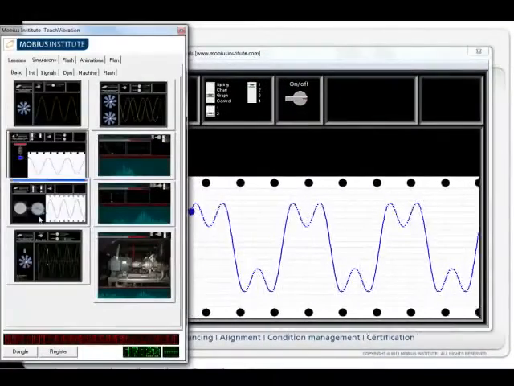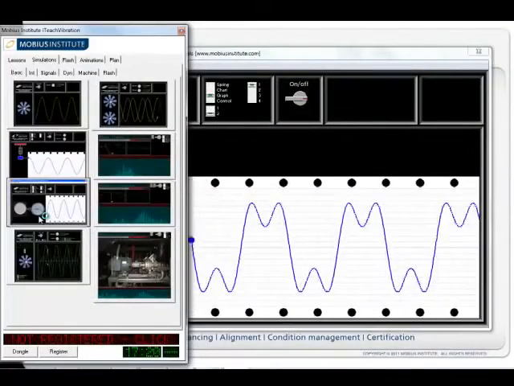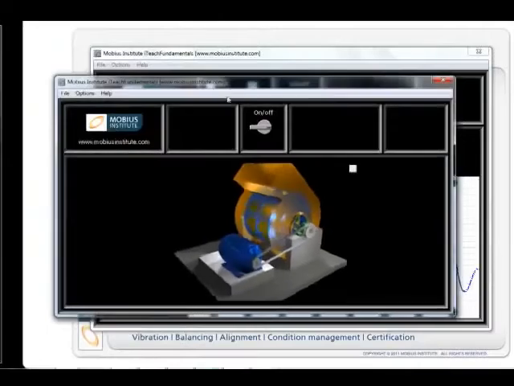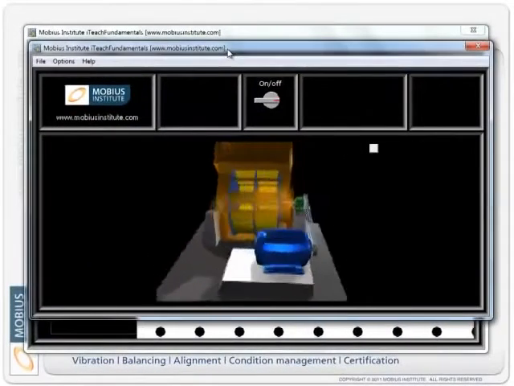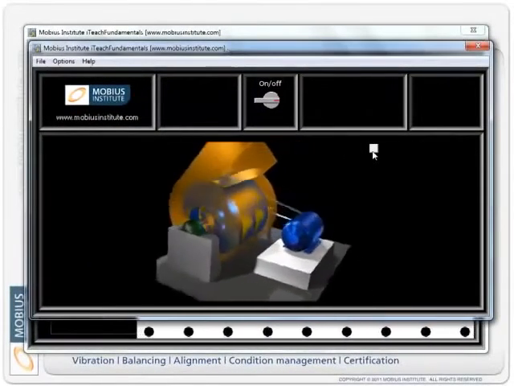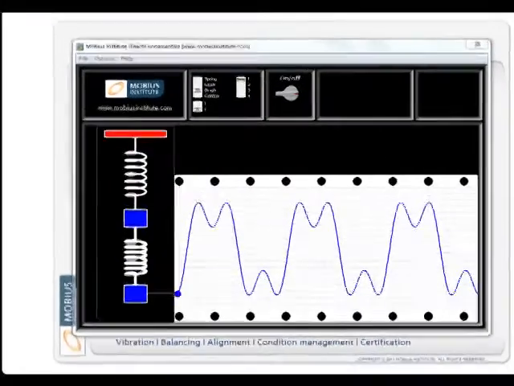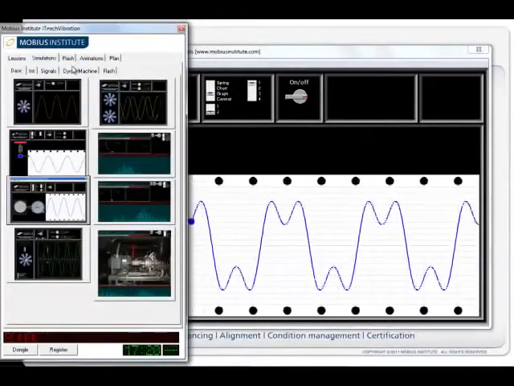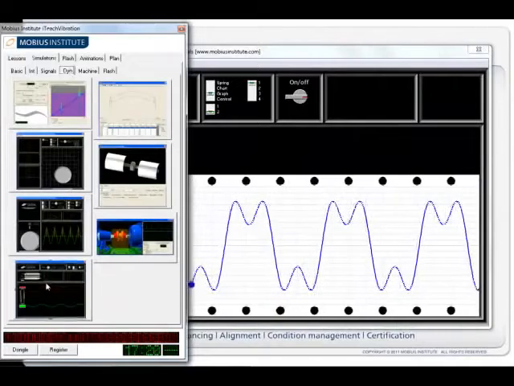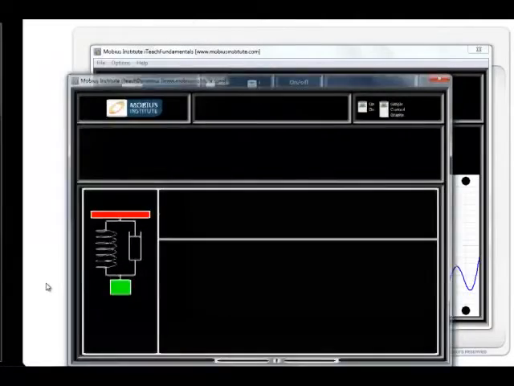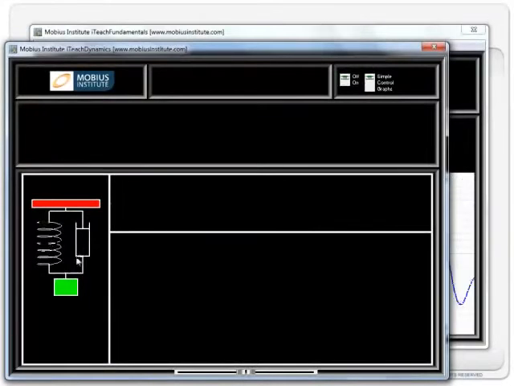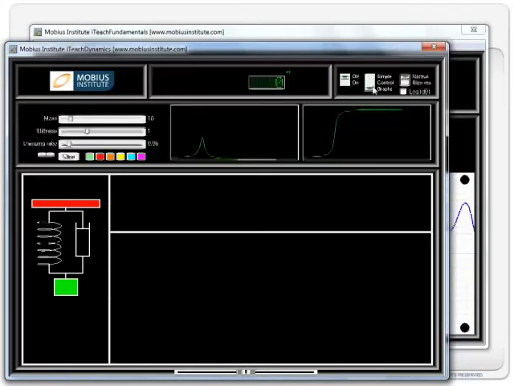We have other simulators that will demonstrate in other movies. For example, in this case, we look more closely at the shaft and we can see what the vibration's like. And just in case you're interested, we have another simulator here where we get to play with the mass and the stiffness and damping, and we can see how the waveforms all change.